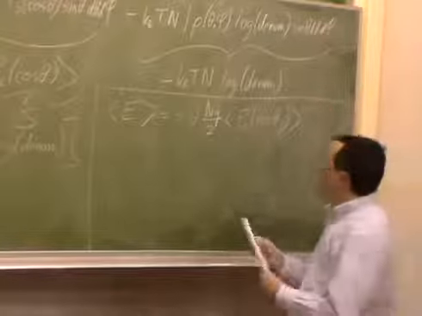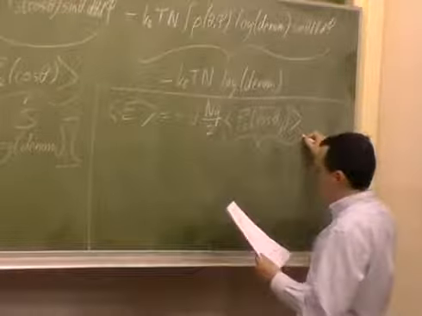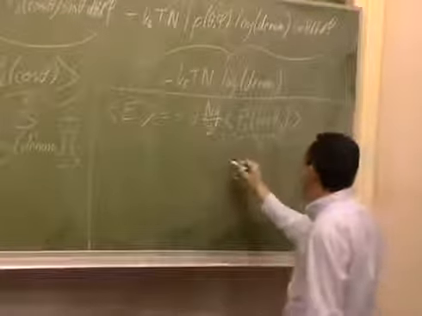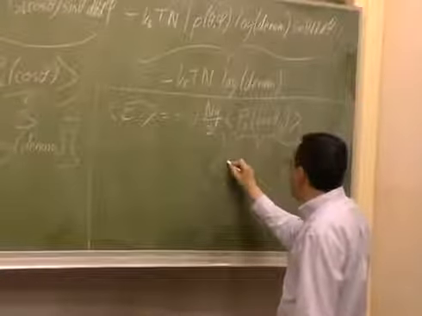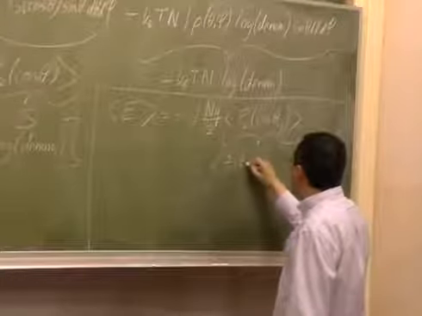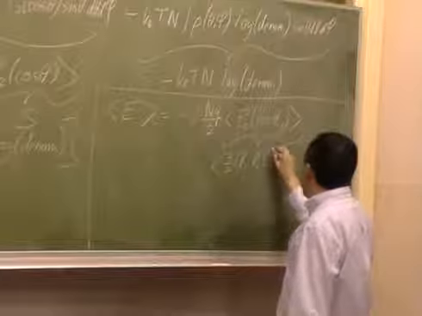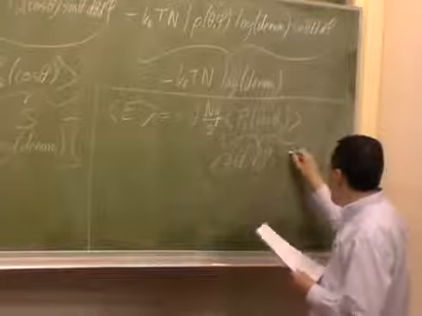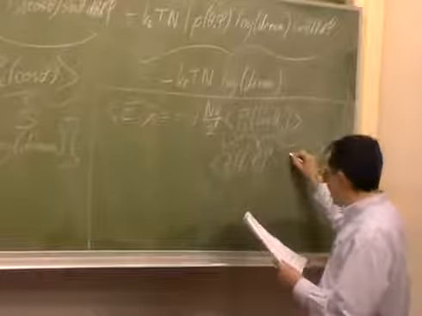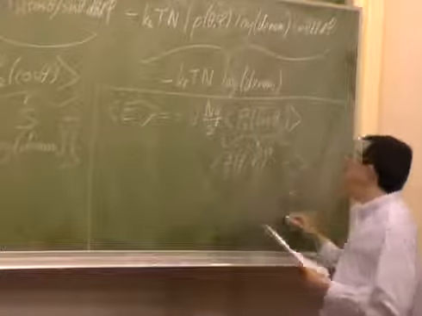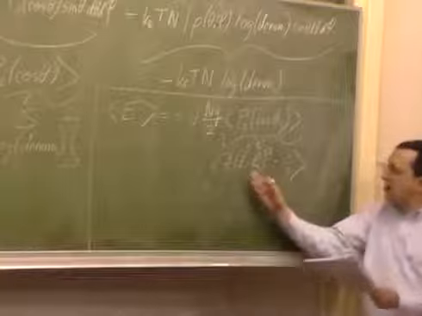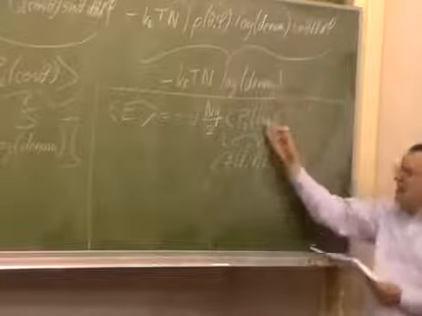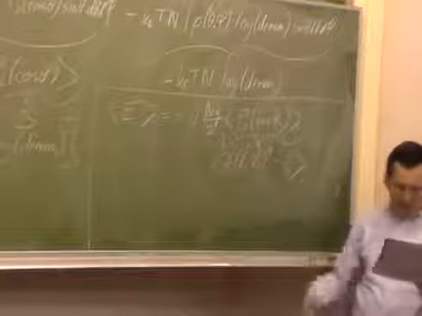Okay? This average is what? Well, it's the average of 3/2 Li dot Lj squared minus 1/2, right? Because this dot product is the cosine of the angle between them.